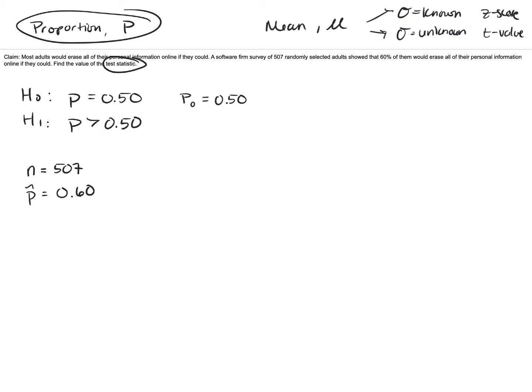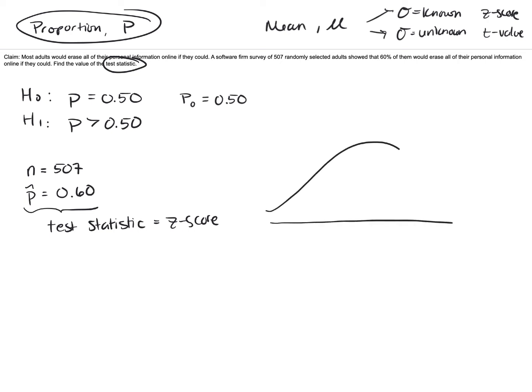So we want to calculate the test statistic, or the corresponding z-score, for a sample proportion of 0.60. On the standard normal distribution, this is our sampling distribution of sample proportions.